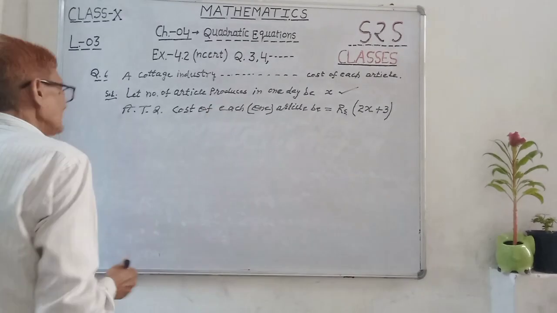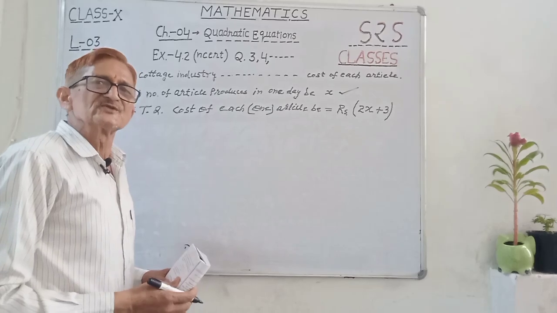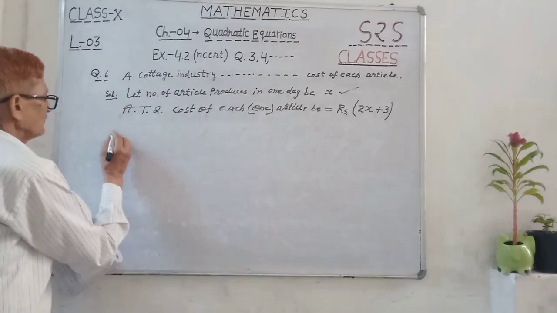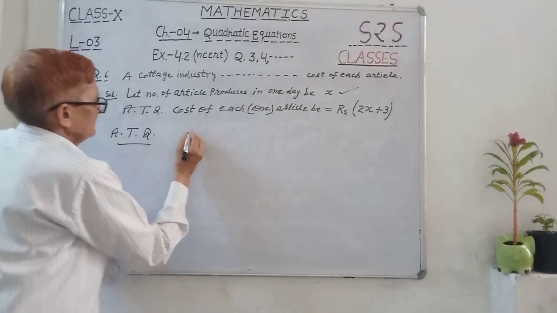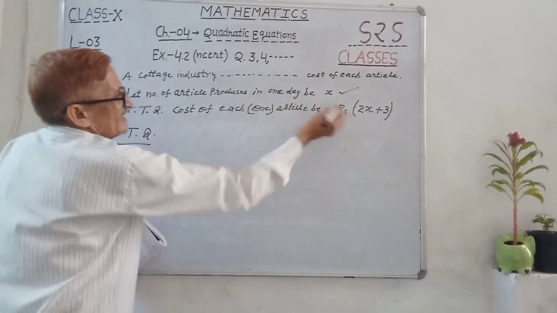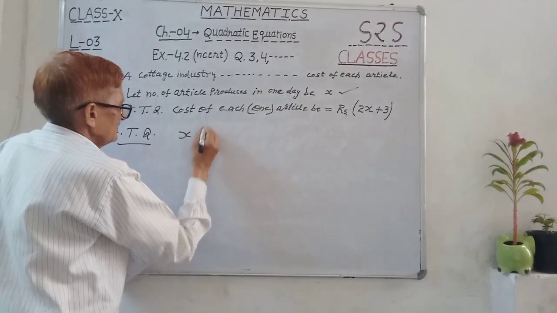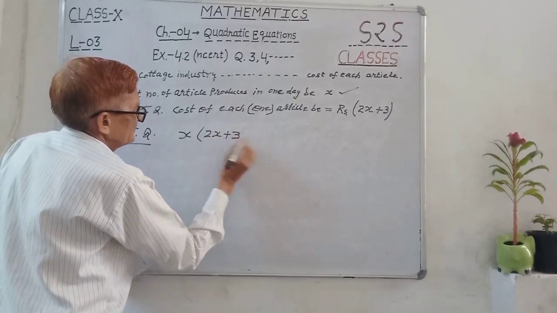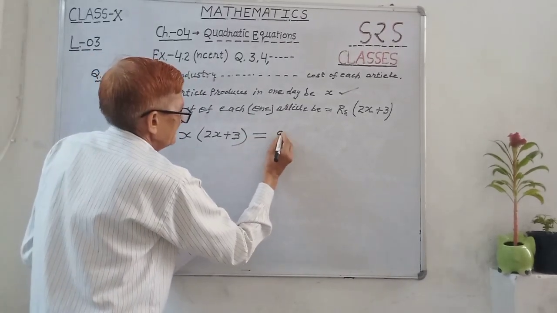So again it says that per day, the cost of all the articles is 90 rupees. So according to the condition, the total cost of the whole is the cost of one article multiplied by the total articles produced per day: X into 2x plus 3 is equal to rupees 90.